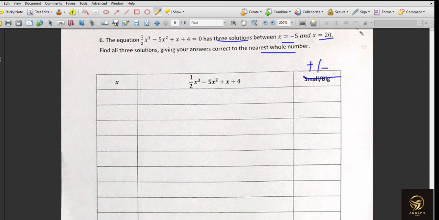The root is between minus 5, so let's try minus 3 first. If I'm substituting minus 3, I'm getting the answer of minus 5.75. It is negative, so I think I can jump to minus 1. With minus 1, I'm getting minus 2.5. Yeah, minus 2.5 is also negative, so the root is not in between these two.